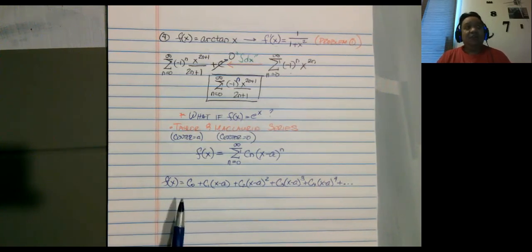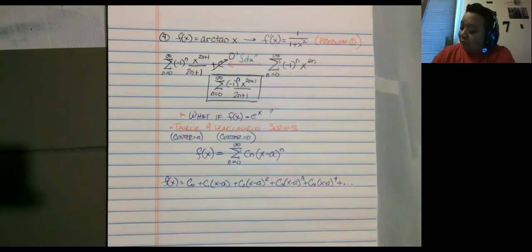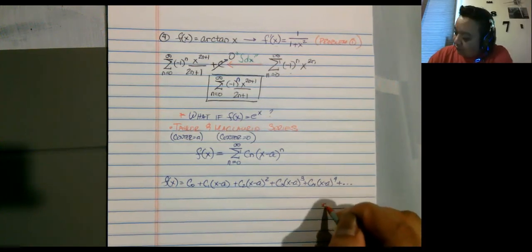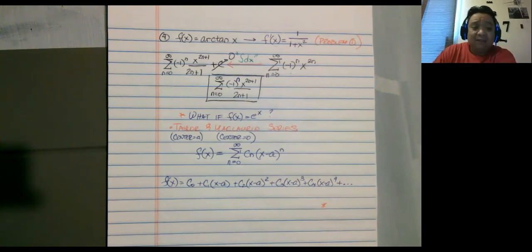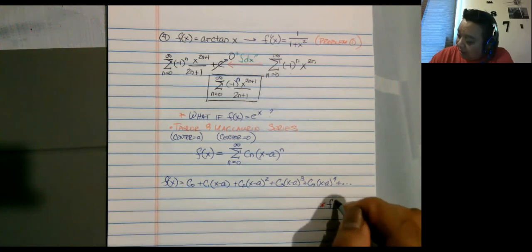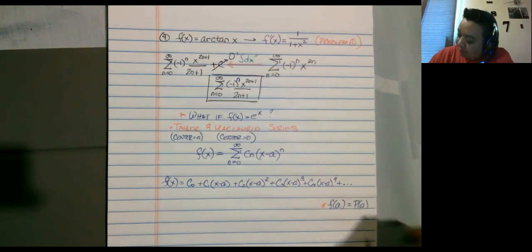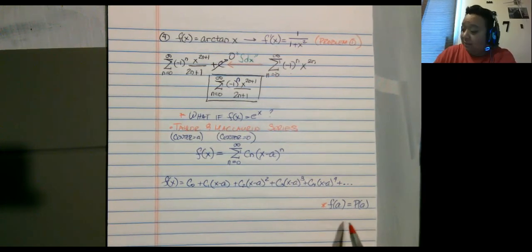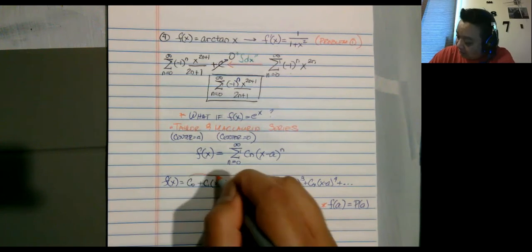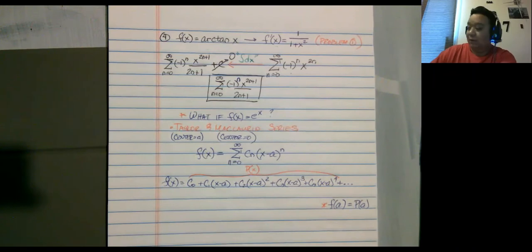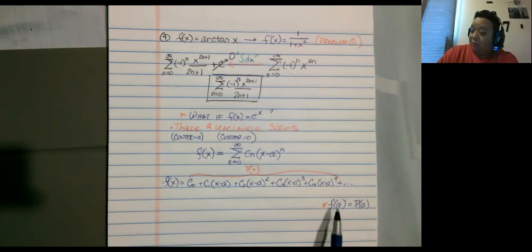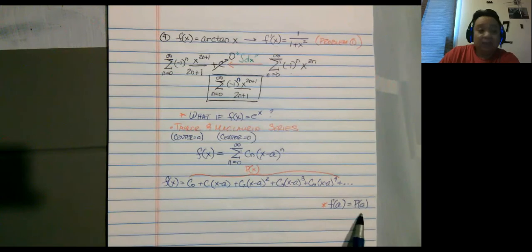The first condition is that if I plug in the center, the value should be the same, meaning f of a should equal p of a. Let p be the polynomial, so p of x is this. I want them to be equal when I plug in a.